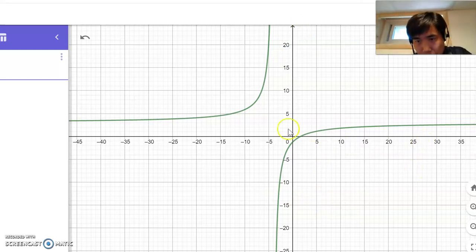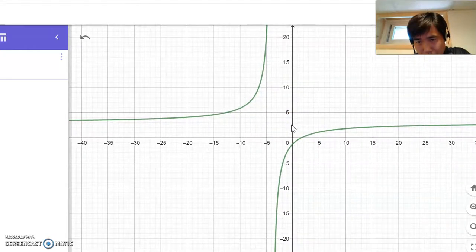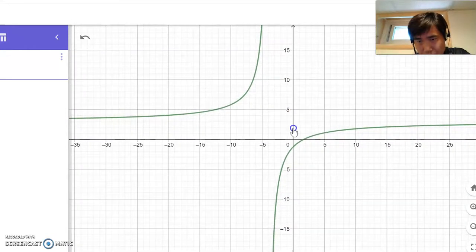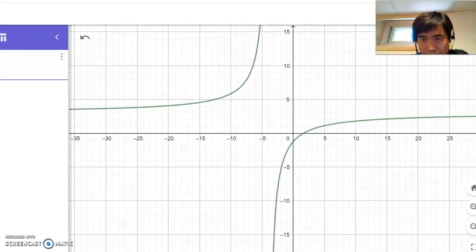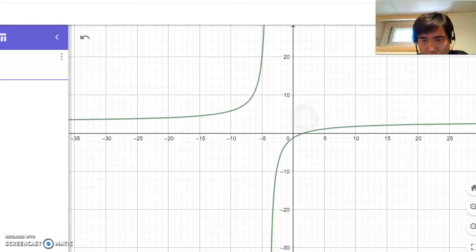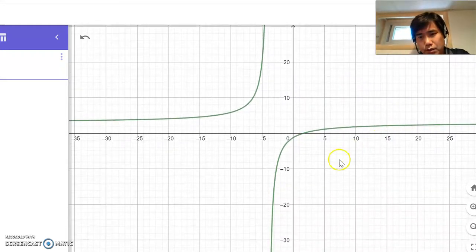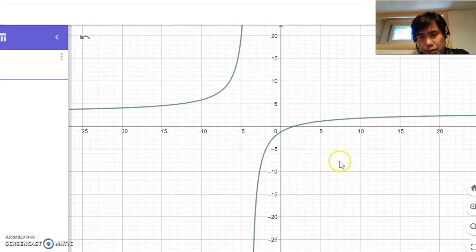So what I want to do is just zoom in more.